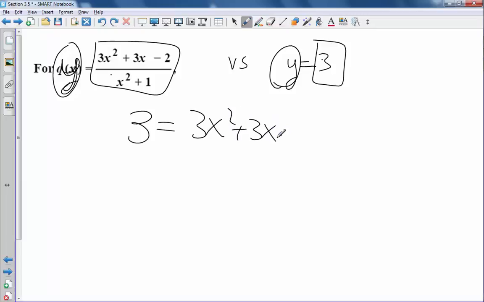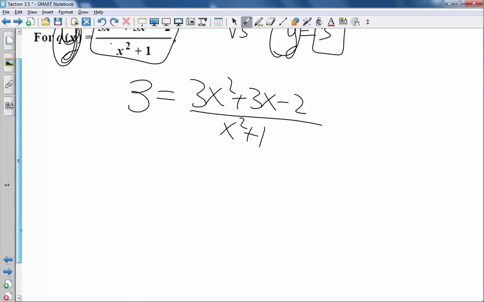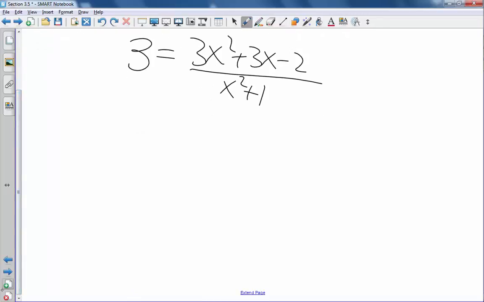All right, here comes another question. How do you solve this now? Because if you can solve and get x's, that's it. Those points will be the crossing points. If you have a quotient fraction like this, what is the first step? Multiply both sides so you can get rid of this denominator. Denominators are evil.